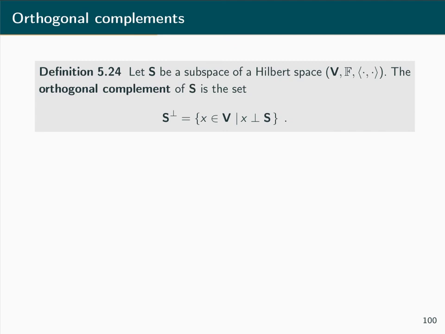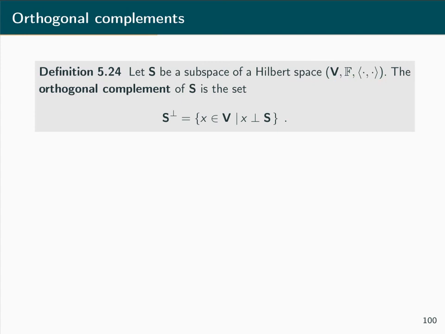On the last slide in this chapter, we will get to the important concept of an orthogonal complement. What we mean by an orthogonal complement is stated in definition 524. So let S be any subspace of a Hilbert space.